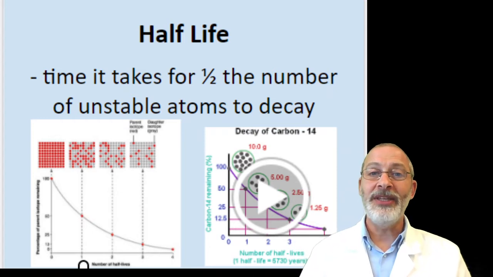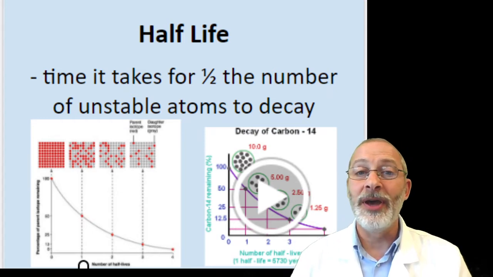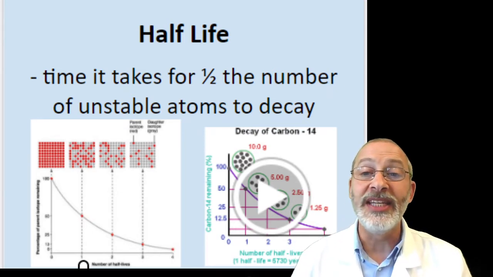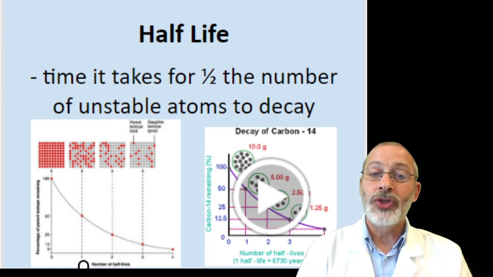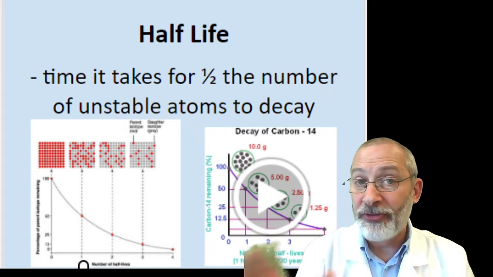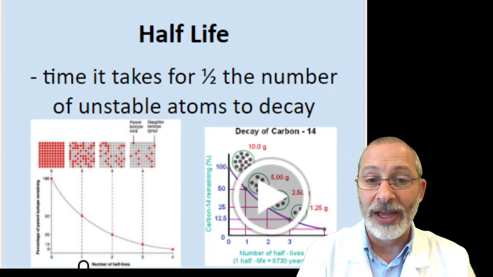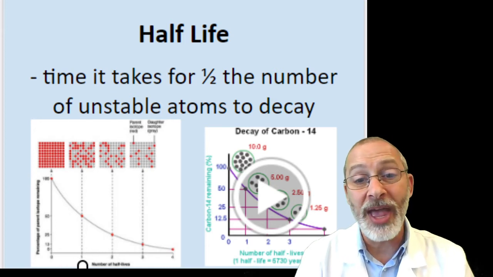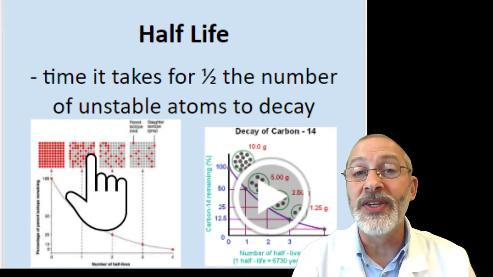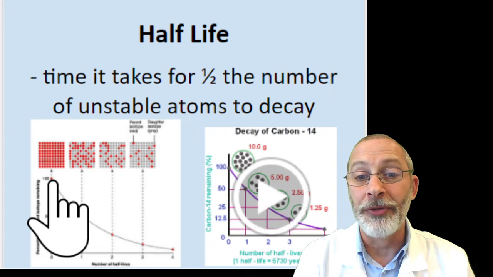The time it takes for half the number of unstable atoms to decay is called the half-life. So whatever that time frame is, we're just calling it a half-life right now. In one half-life of radioactive pennies, 50 pennies disappear from the original 100.